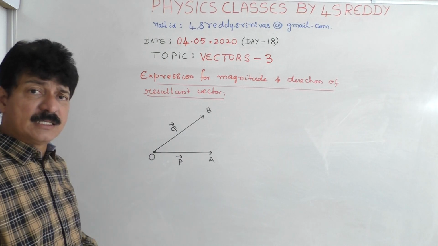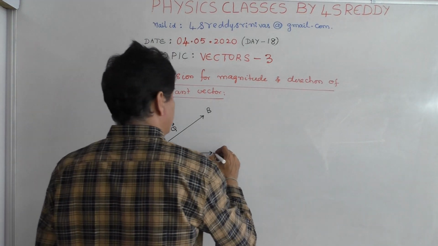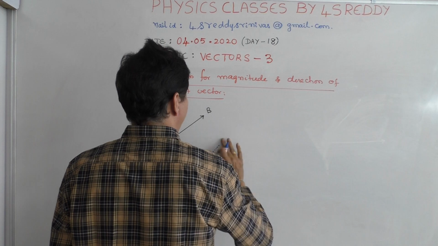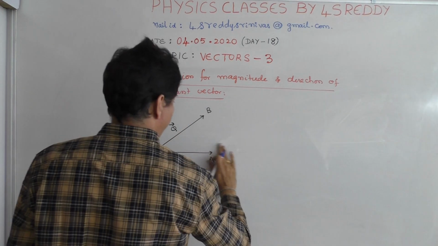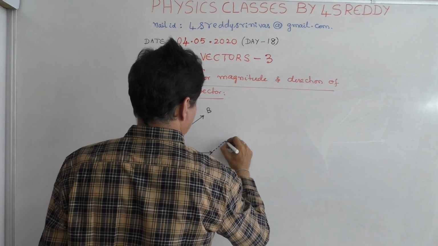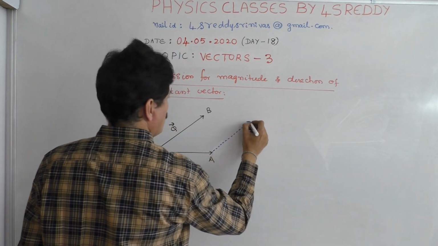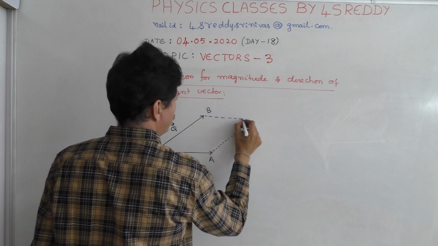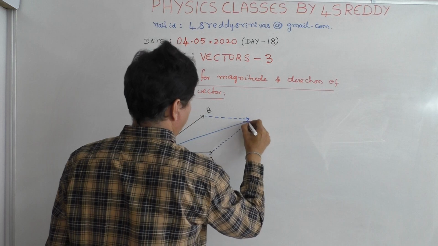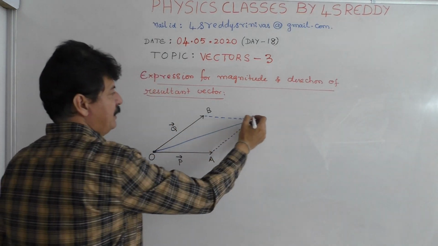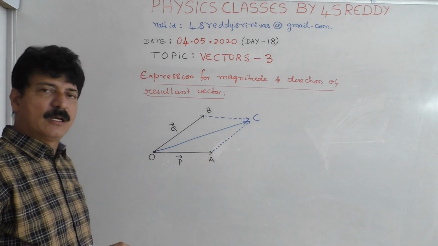When these two vectors are like this, then construct a parallelogram OABC. This is the parallelogram.